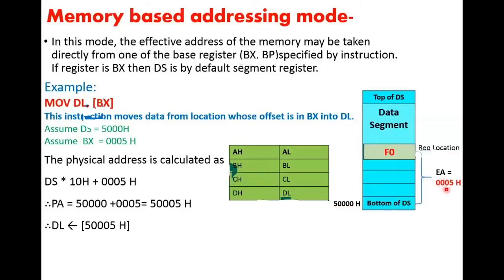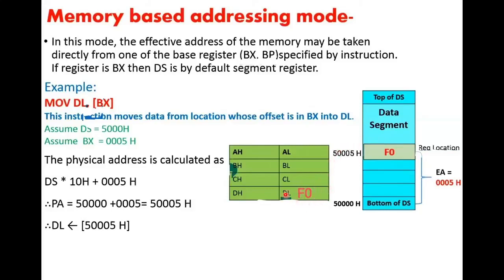If I travel 0005 distance, then I can reach this memory location, 50005. The 8-bit value stored in this location is F0. That 8-bit data we are going to transfer to DL.